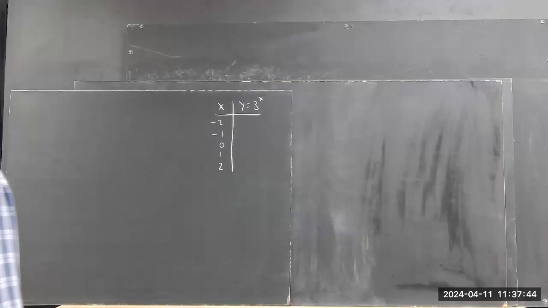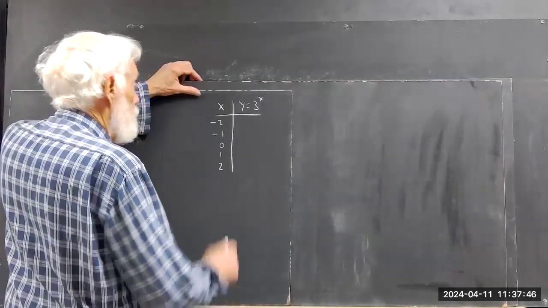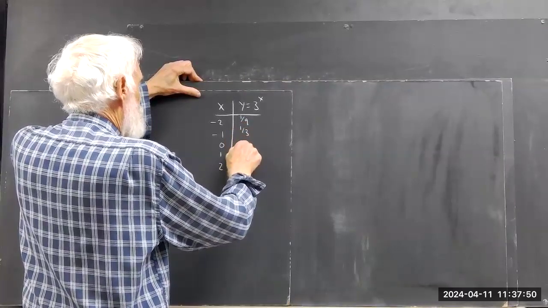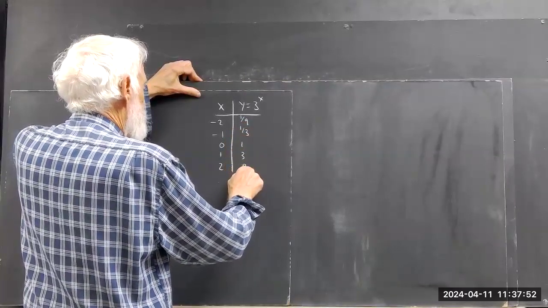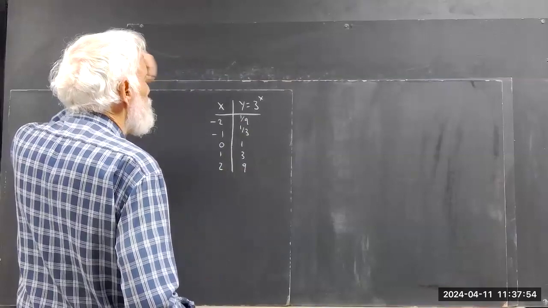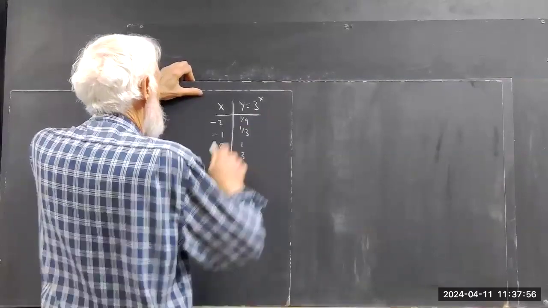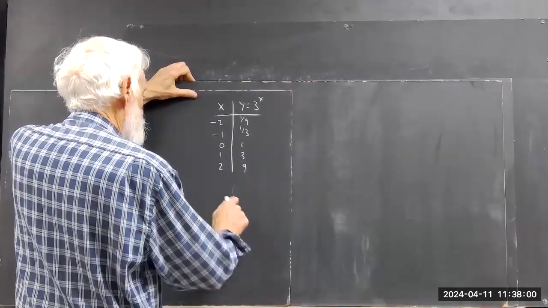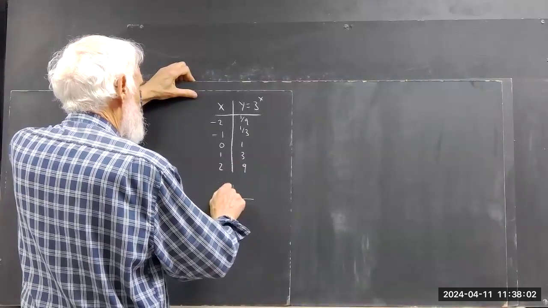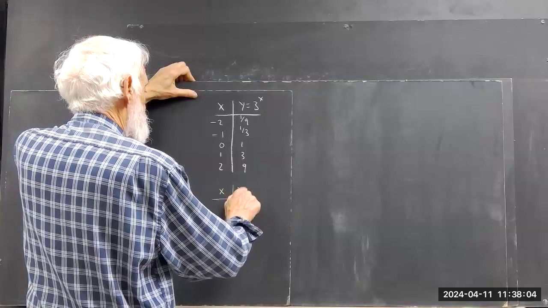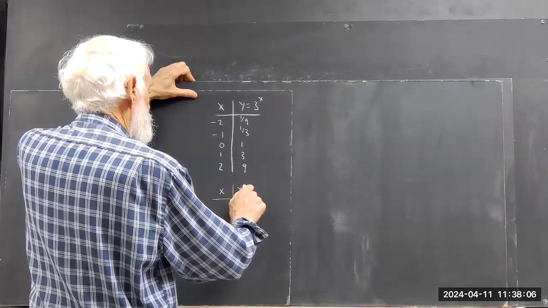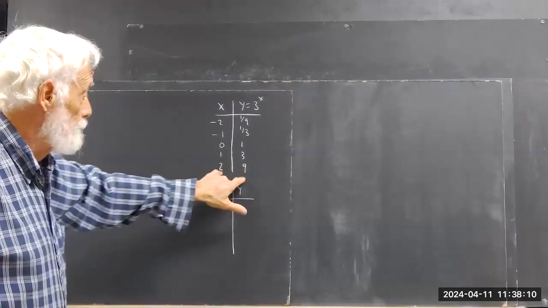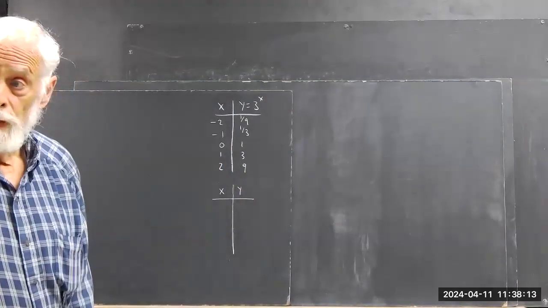Okay, here's our graph of y equals 3. Here's the table for y equals 3 to the x. You have 1/9, 1/3, 1, 3, and 9. Now I'm going to make a table. Remember when we did inverse functions? We switched the numbers in the columns.